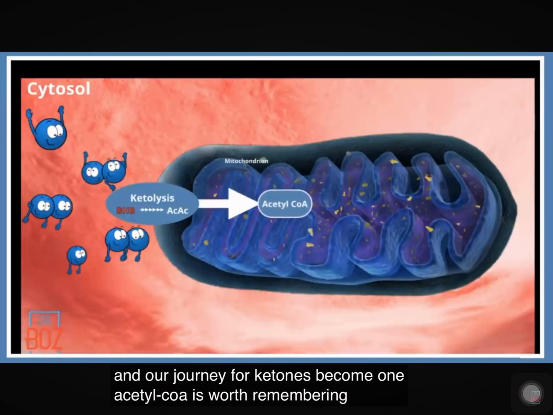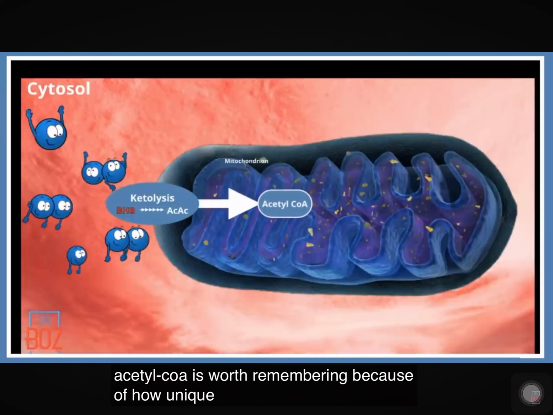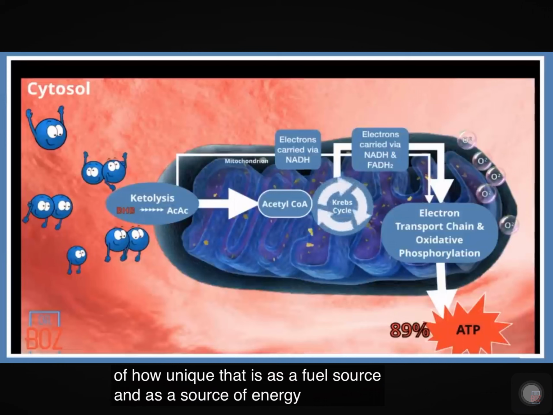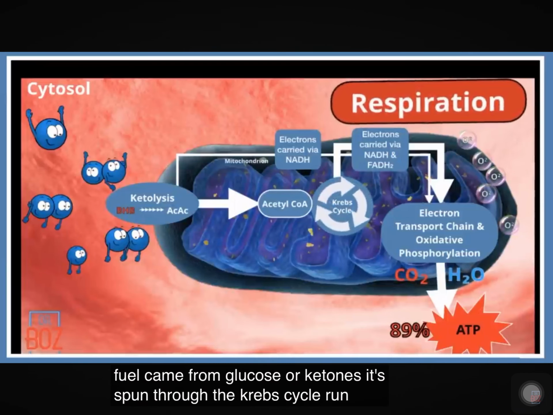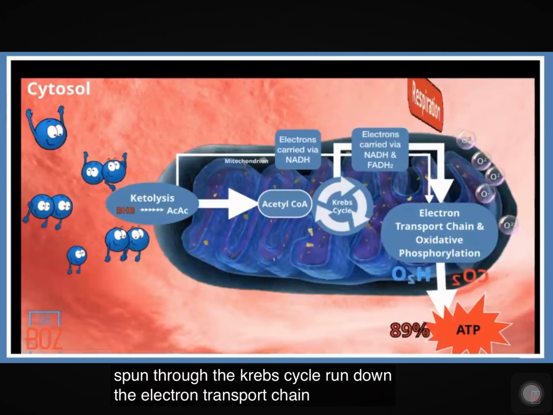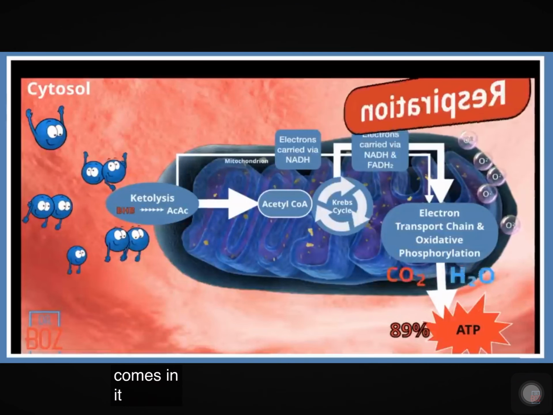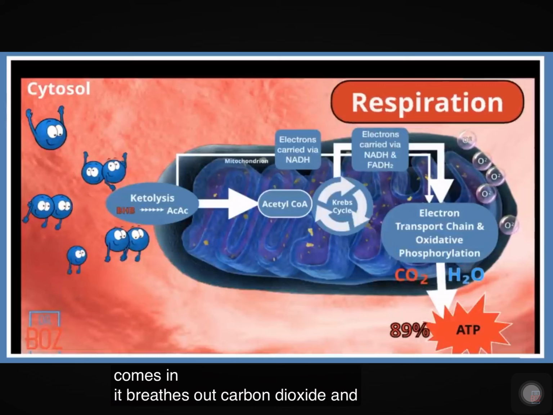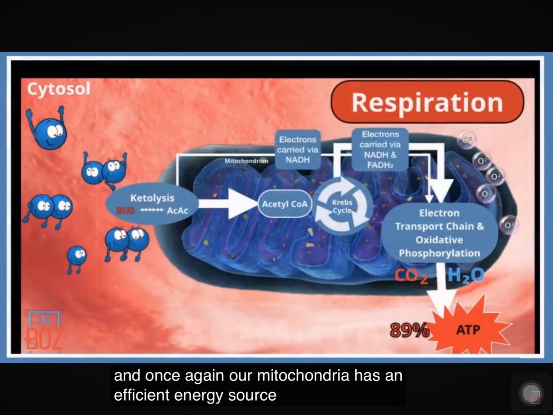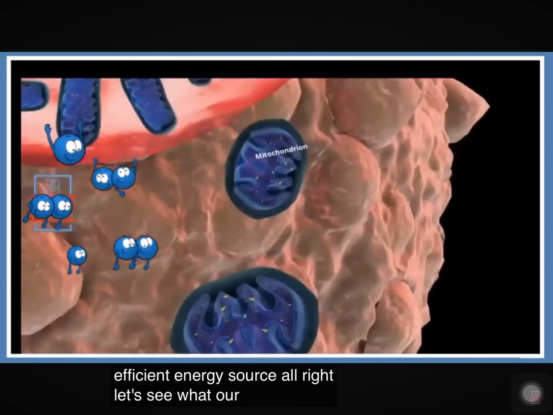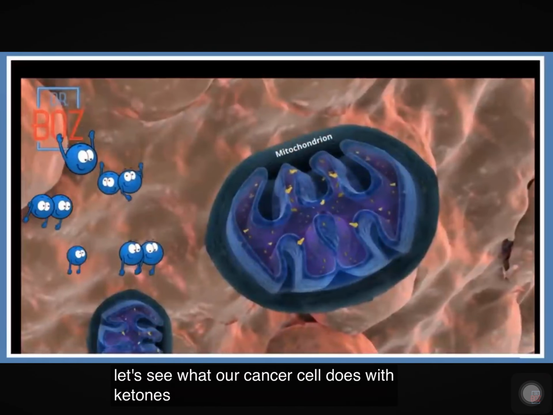Acetyl-CoA is worth remembering because of how unique that is as a fuel source and as a source of energy. Whether that fuel came from glucose or ketones, it's spun through the Krebs cycle, run down the electron transport chain, the oxygen comes in, it breathes out carbon dioxide and water, and once again, our mitochondria has an efficient energy source. All right, let's see what our cancer cell does with ketones.